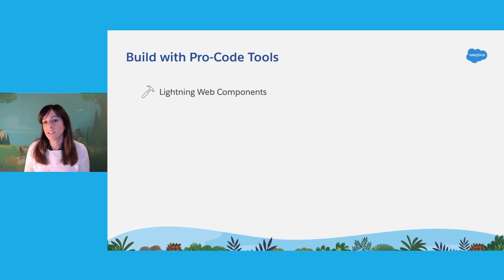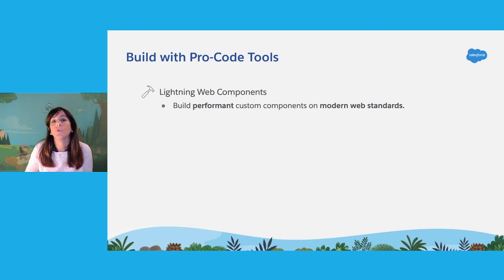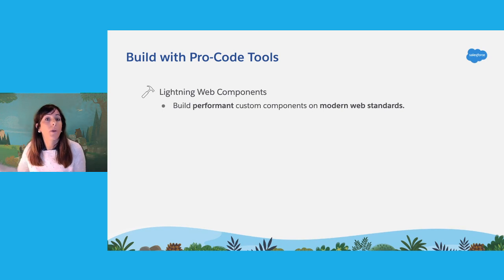Lightning Web Components is the framework that we released earlier last year in January. And Lightning Web Components is completely based on modern web standards. What does that mean? Well, it means that if you learn Lightning Web Components, you are really learning JavaScript and how to use a library called Lightning Web Components in JavaScript that is very well integrated with Salesforce.